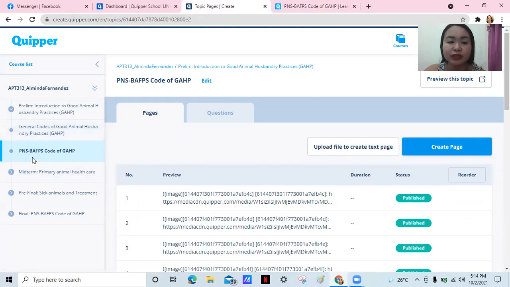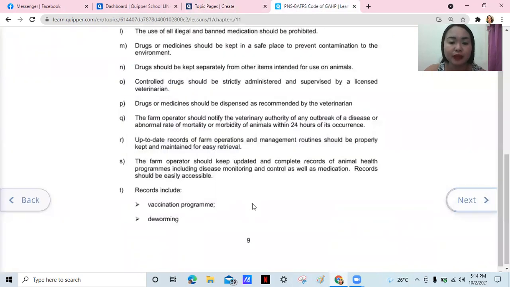And now to continue with the Philippine National Standards, Bureau of Agricultural and Fisheries Product Standards Code of Good Animal Husbandry Practices. So we will just continue here on page 9.